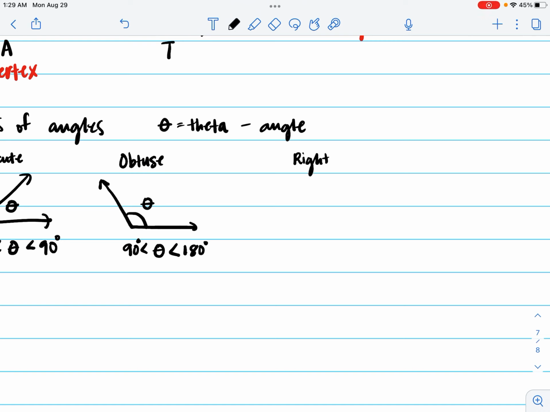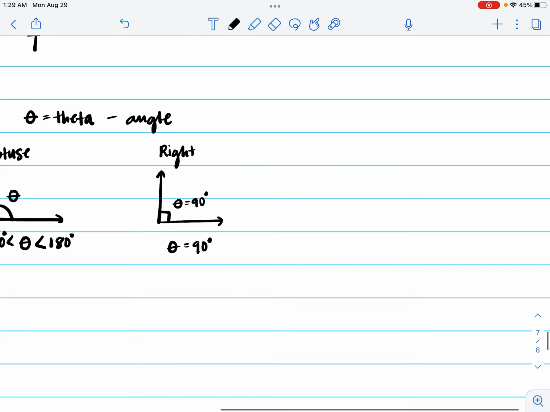Right angles, which we've kind of talked about, are angles that have a perfect 90-degree angle. So theta here is equal to 90 degrees. That's the only feature here. Okay.